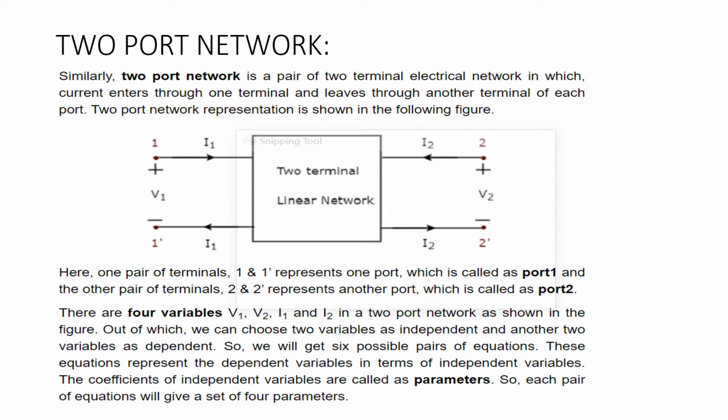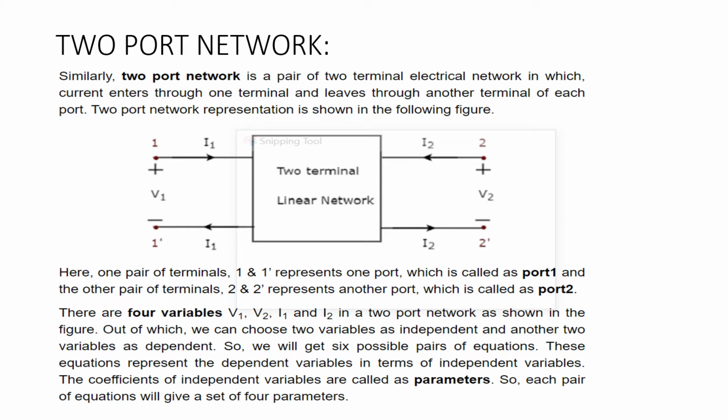Terminal 1 and 1 dash is pair of first port, and terminal 2 and 2 dash is pair of second port terminals. Current I1 is for port 1 current and current I2 is for port number 2.